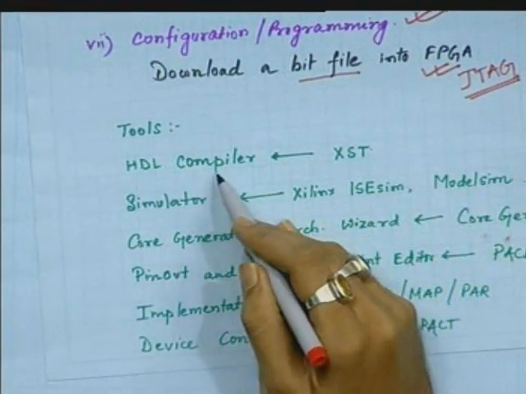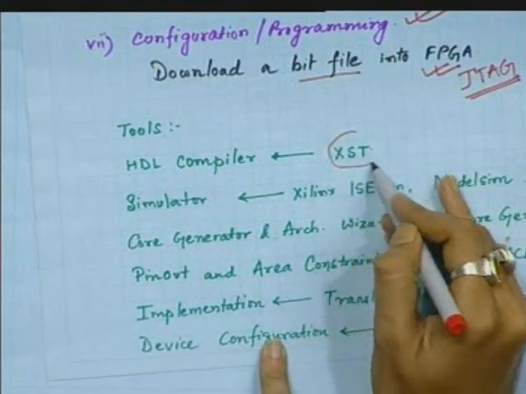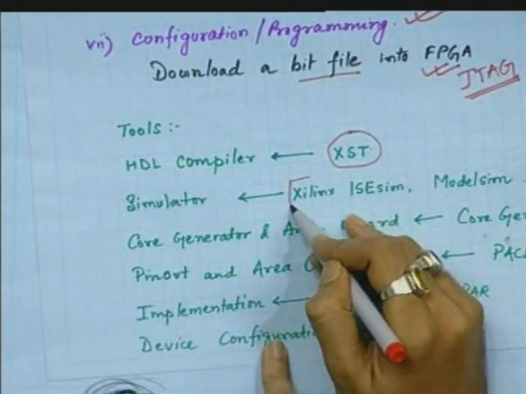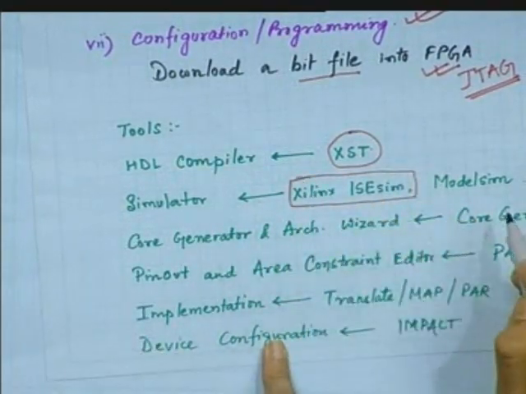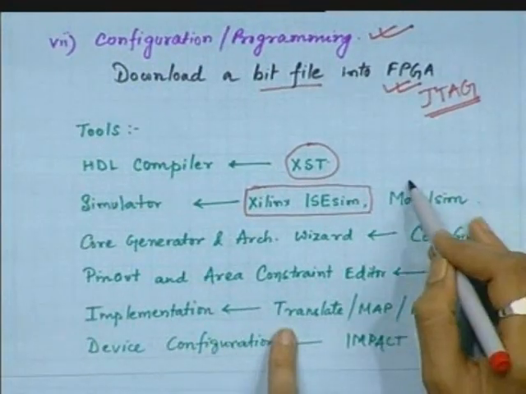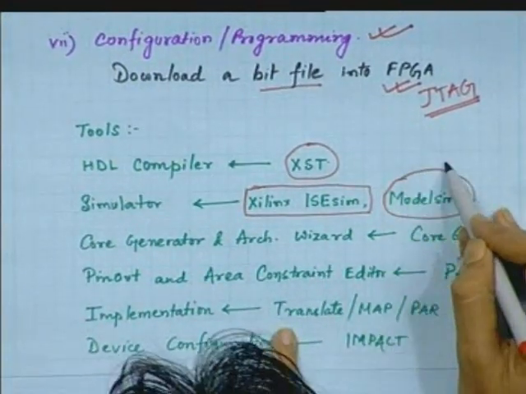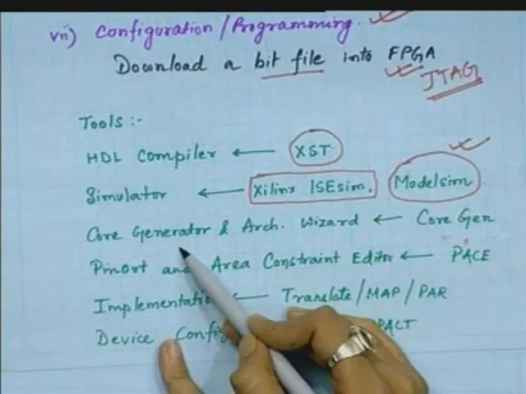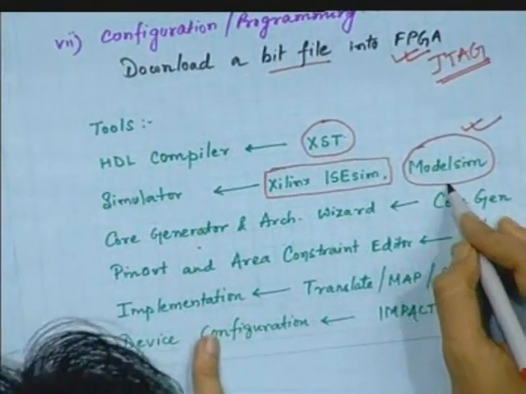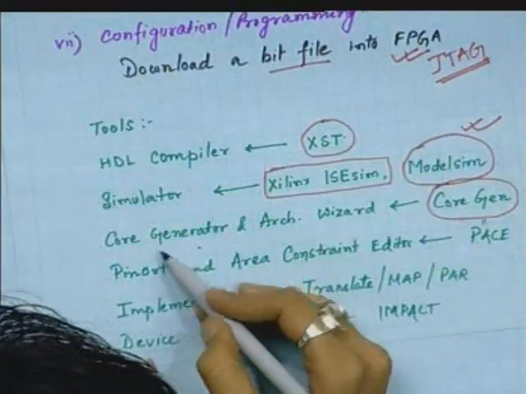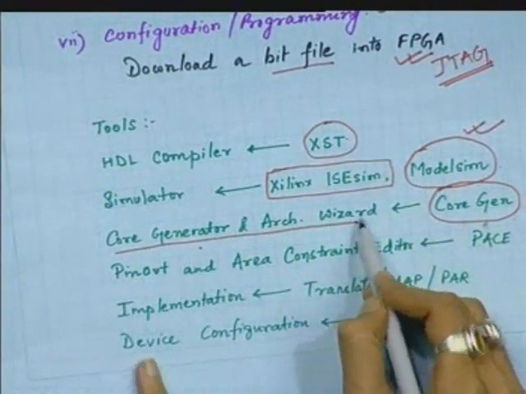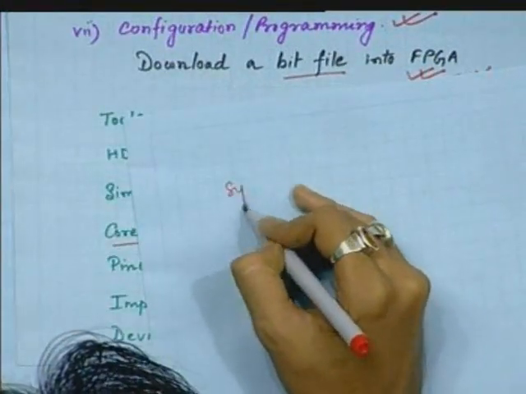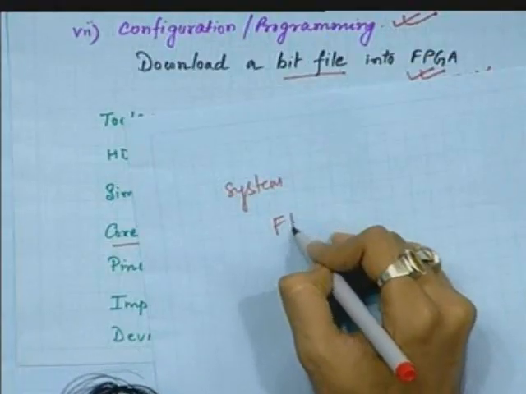For the synthesis or HDL compilation, it has the XST, Xilinx synthesis tool. For the simulator, it provides its own simulator, ISE Sim, or it can use ModelSim provided by Mentor Graphics. There is also a tool called the core generator and architecture wizard. Suppose in a system you need an FFT.